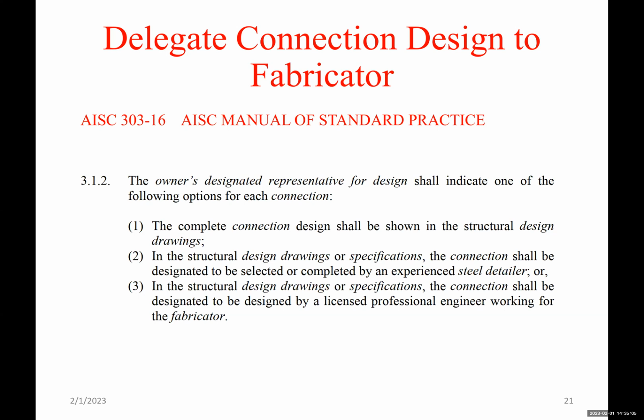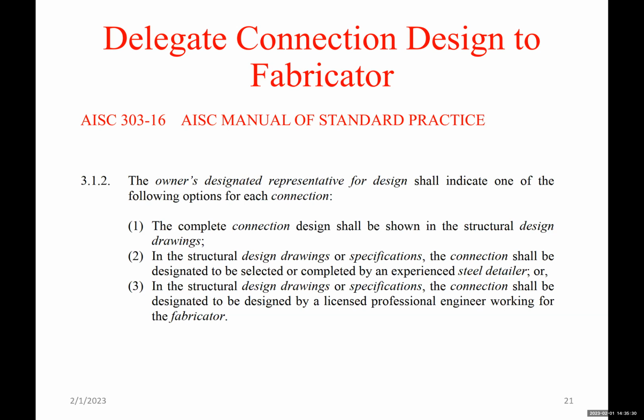So the options are: the complete connection design shall be shown on the structural design drawings. All the connection design should be shown on the structural drawings. And this is typically required in California. And actually some engineering firms prefer to do it that way.